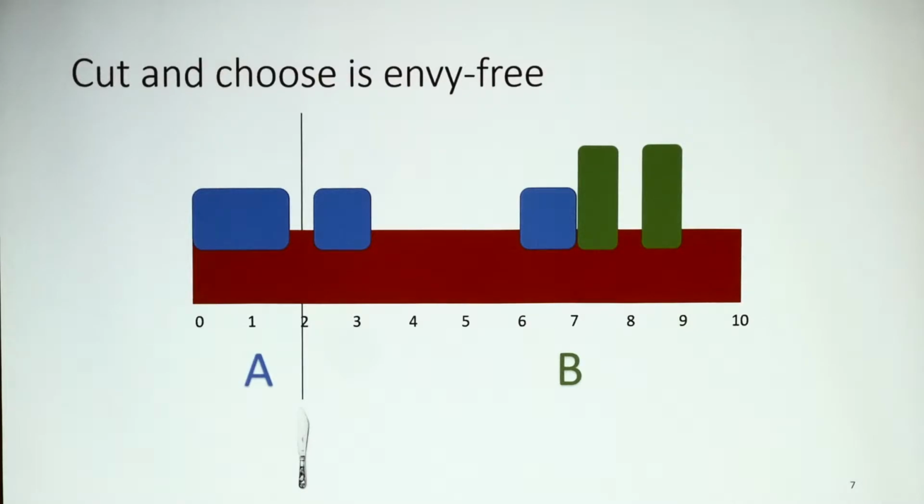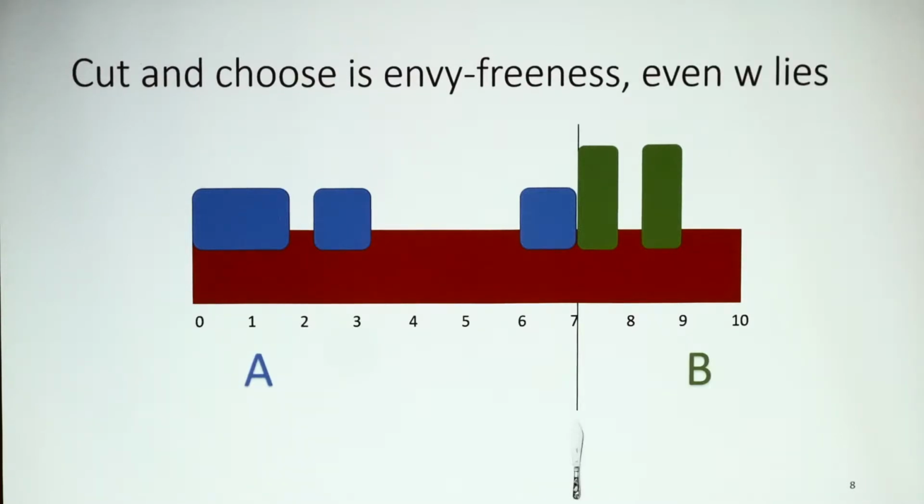Here player 1 will cut at 2, and the other player will choose the part to the left. Interestingly, this method also provides an envy-free allocation when the players are strategic, when they are very smart and know the valuations of the other players. So in this case, player 1 will cut the cake at 7, and he will make the other player choose the part to the left, and he will guarantee himself all the cake.